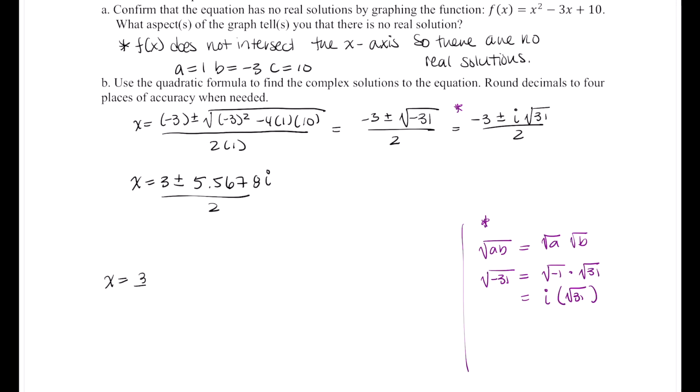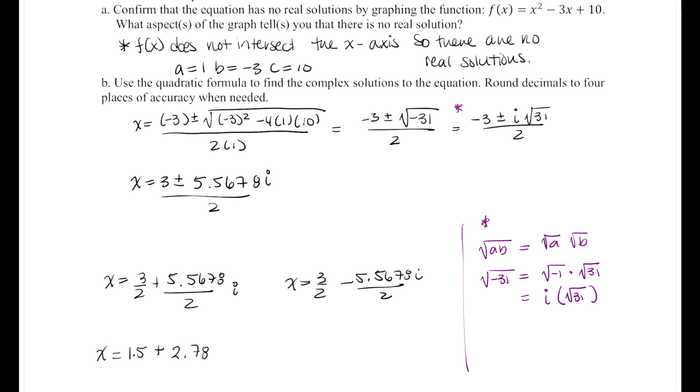So I have x equals negative 3 over 2 plus 5.5678 over 2 i, and x equals negative 3 over 2 minus 5.5678i divided by 2. So negative 3 over 2 is negative 1.5, x equals negative 1.5 plus, now what is 5.5678 divided by 2? Well, that's about 2.7839i. And those are the two solutions rounded to 4 decimal places.